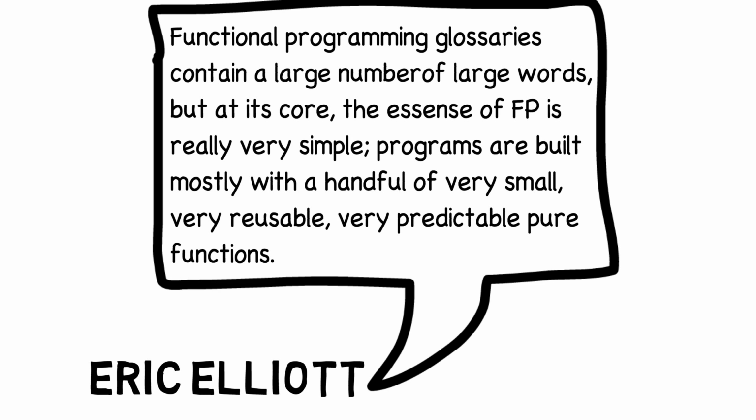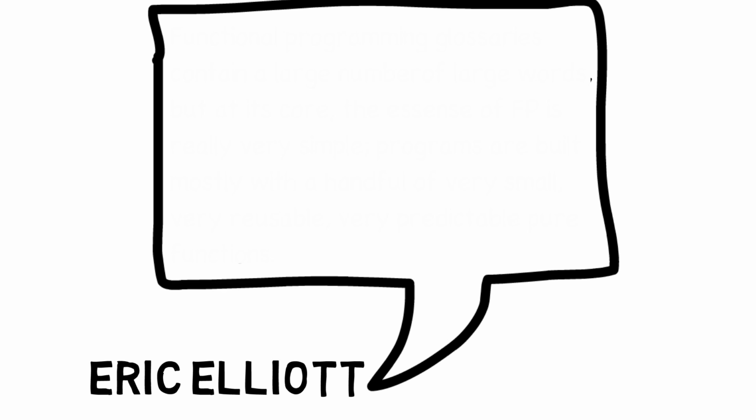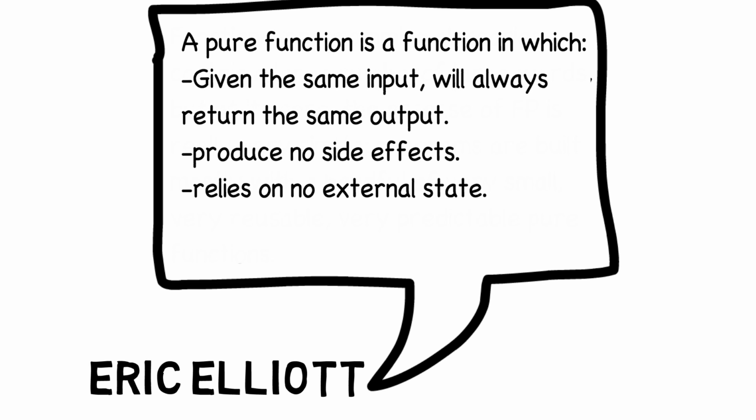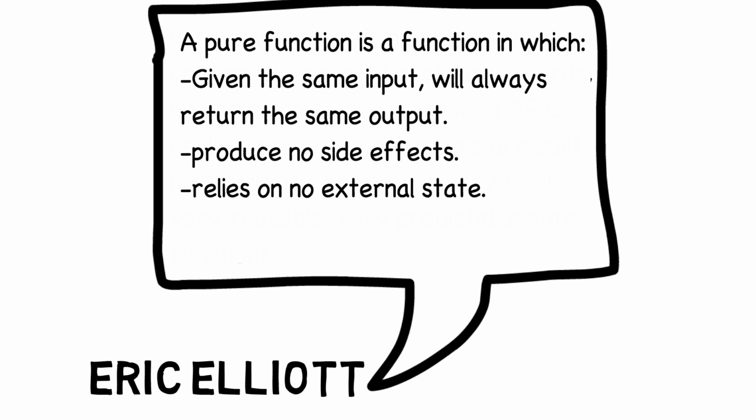Now you probably want to know what pure functions are. For now, concretely, that means a pure function always returns the same result given the same parameters. A pure function is a function in which, given the same input, will always return the same output, produces no side effects, and relies on no external state.